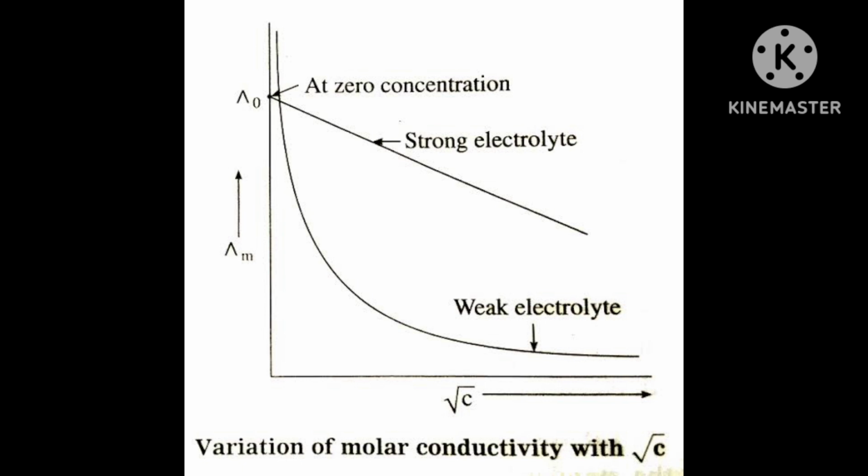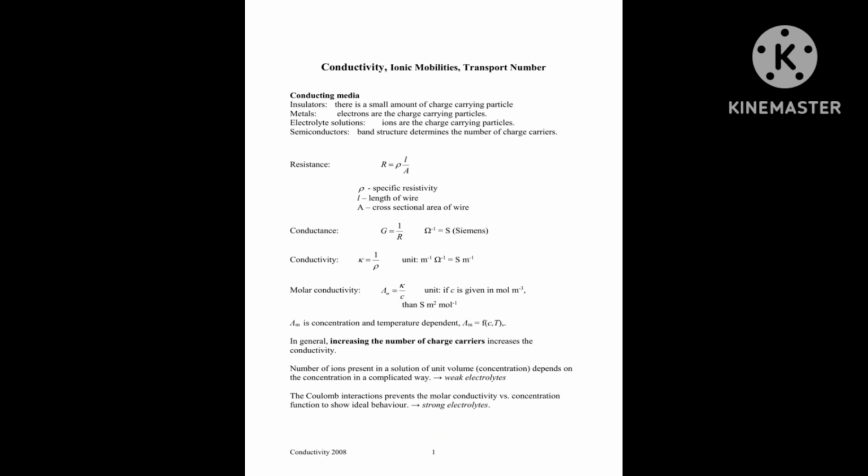The resistance of a conductivity cell filled with 0.1 mole per liter KCl solution is 100 ohm. If the resistance of the same cell when filled with 0.02 mole per liter KCl solution is 520 ohm, calculate the conductivity and molar conductivity of 0.02 mole per liter KCl solution.